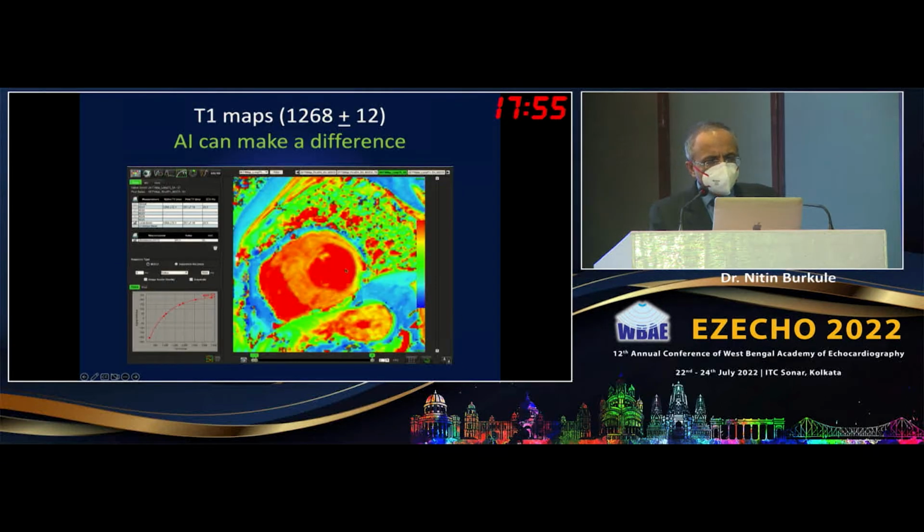These are the T1 maps, and you can see very high T1 values interspersed in the myocardium, and these are the areas where there is extensive fibrosis, as opposed to this lateral wall. This particular shade of yellow is a normal T1, while all those red islands here are extensive fibrosis. How will it help you?